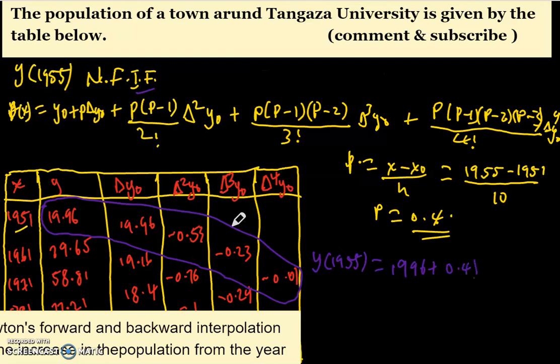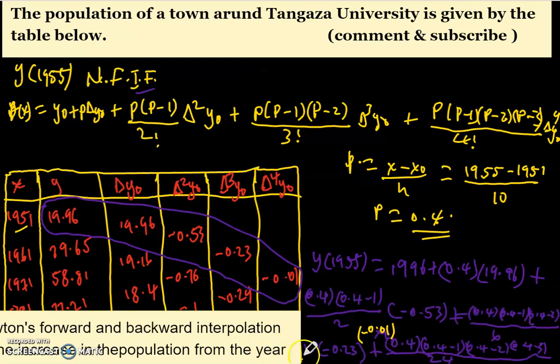So this is 0.4 into the first forward difference, and the first forward difference is 19.96, so we multiply by 19.96. This is plus. The second one will be 0.4 into 0.4 minus 1 divided by 2 factorial multiplied by the second forward difference. Let us add all of them together.